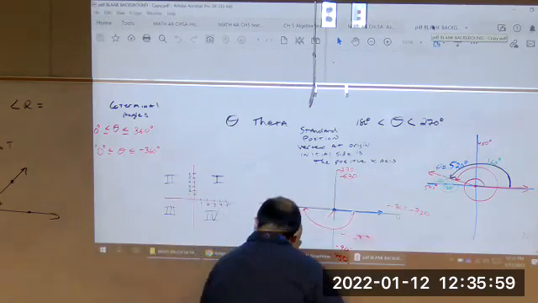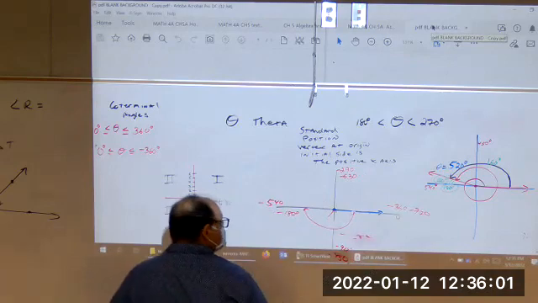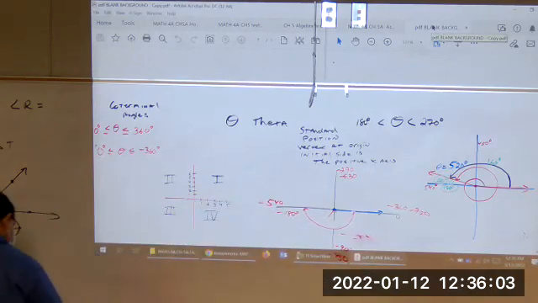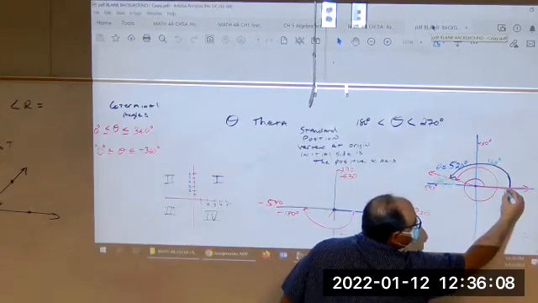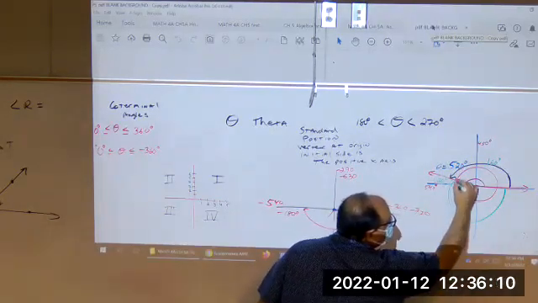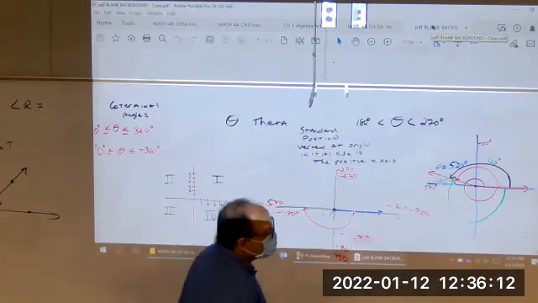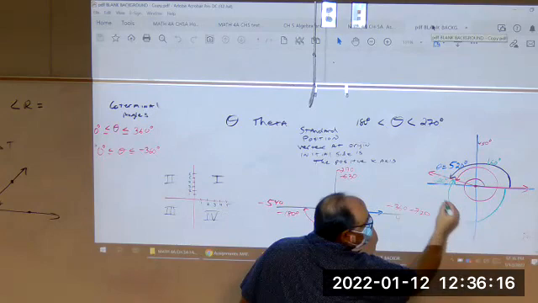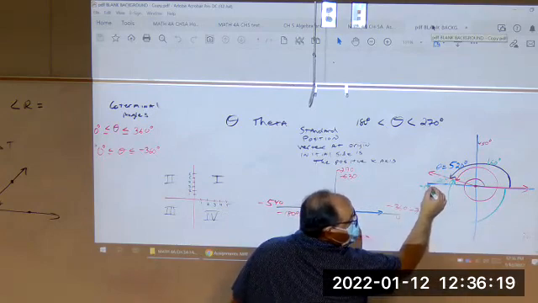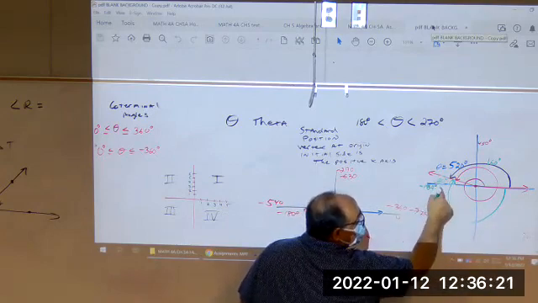So this angle over here that opens clockwise and terminates there, is now going past -90, -180, which is right there.